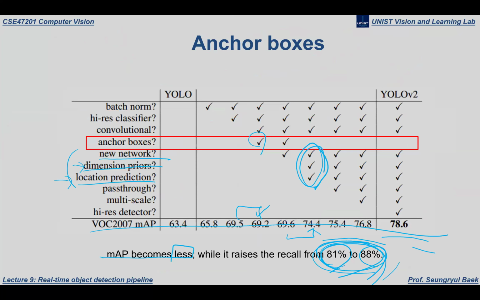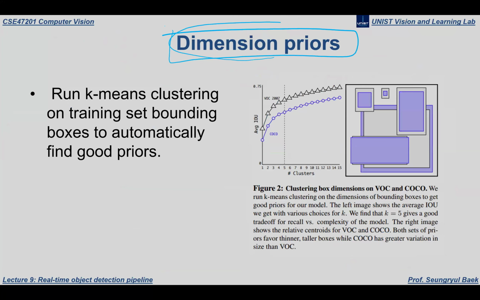But here, they want to use some priors for the bounding box size. So in the training data, they use the Pascal VOC or COCO dataset, which is large-scale object detection training data.